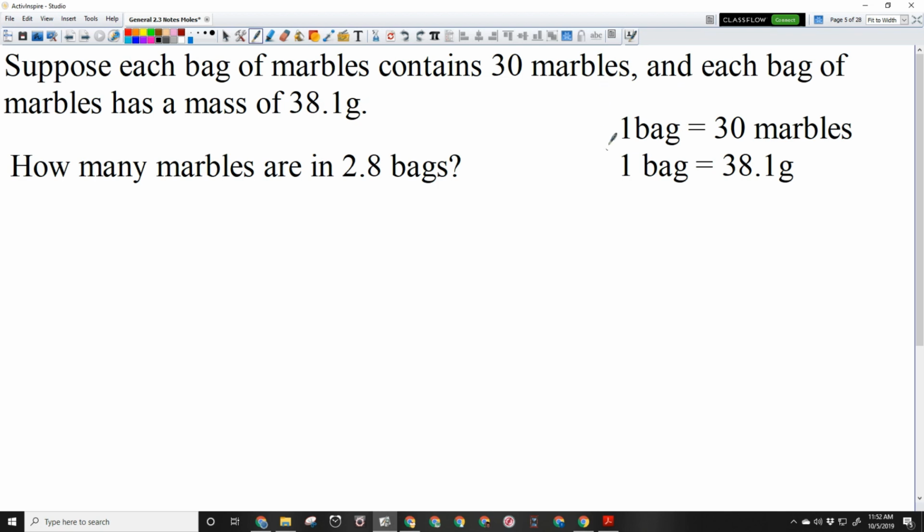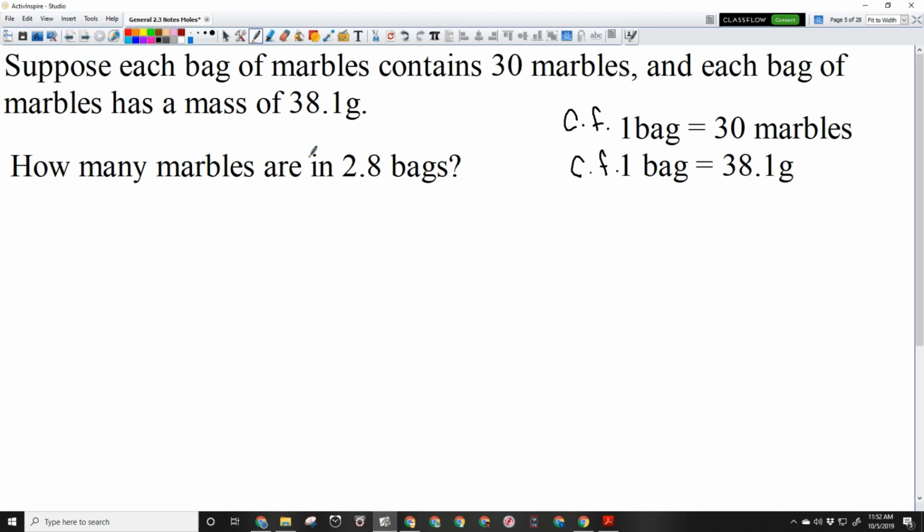So we're going to make some conversion factors out of this. So 1 bag of marbles is equal to 30 marbles. Remember, equalities are conversion factors. The next conversion factor that we have is 1 bag of marbles is equal to 38.1 grams. Okay, and we're going to be using those in these next set of questions.